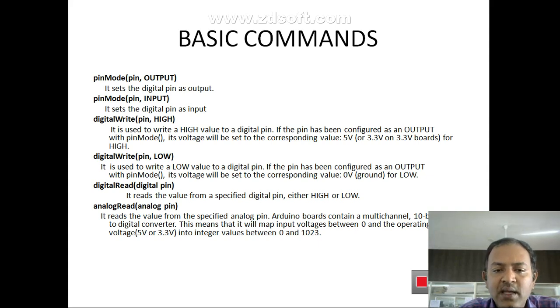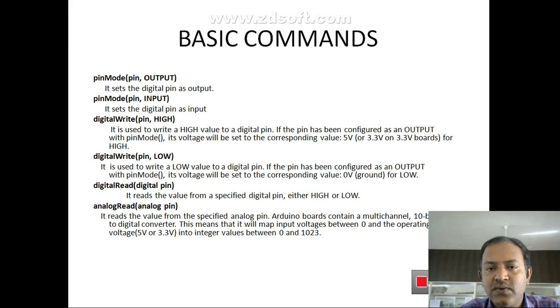The same thing applies for input. Then digitalWrite is used to write a high or low to a pin, that is, voltage levels: high means 5 volts, low means 0. If you are just reading some values, for example temperature using a temperature sensor to read data, you use digitalRead.